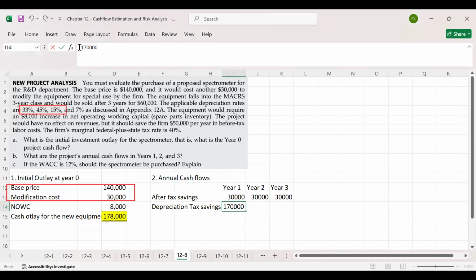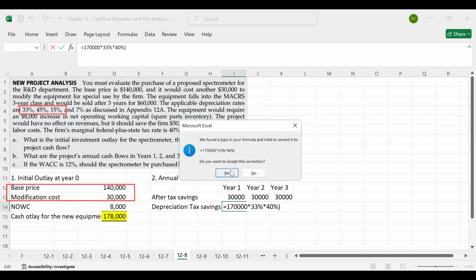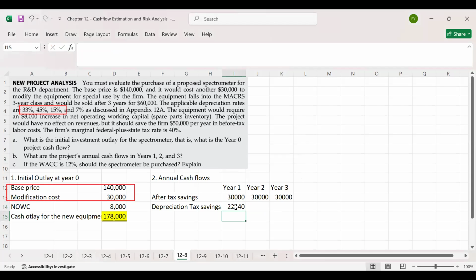We multiply it by the depreciation rate. First year it is 33%. So we take 33% and then we multiply by the tax rate, which is 40%. So this is the calculation: 33%, 40%, and 170. So this is the amount of depreciation tax saving at year 1.